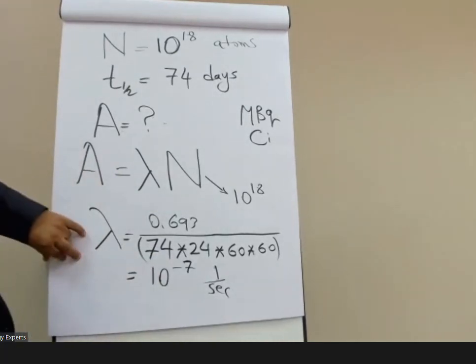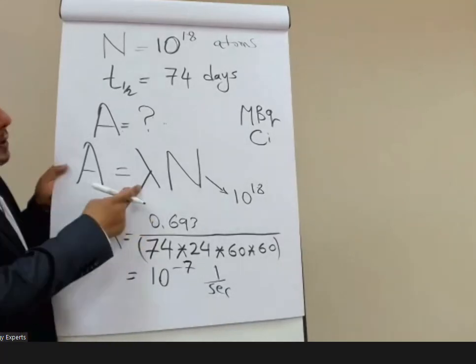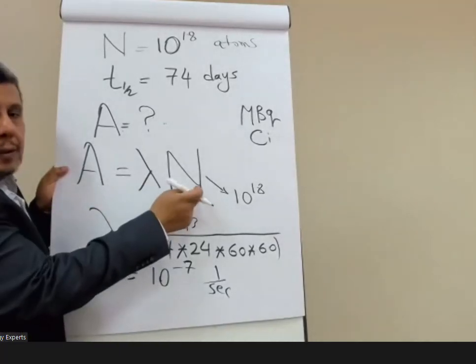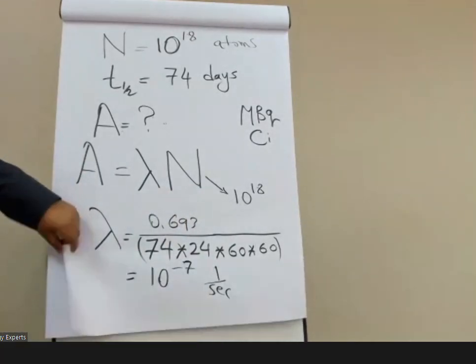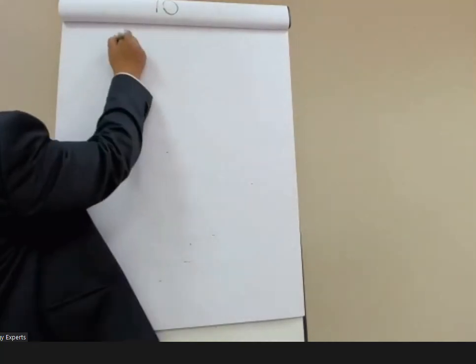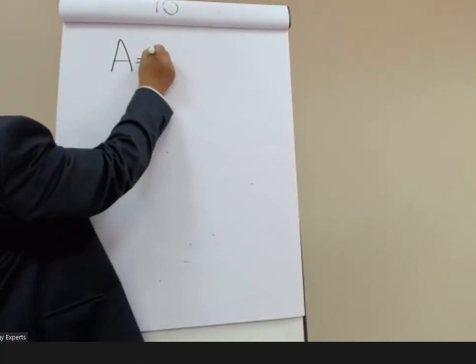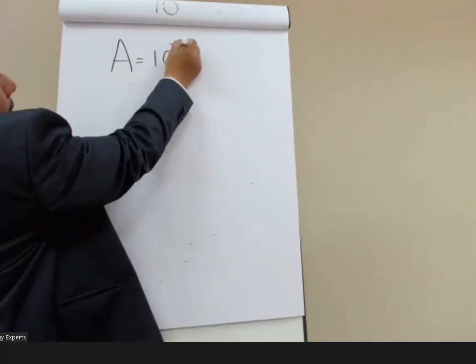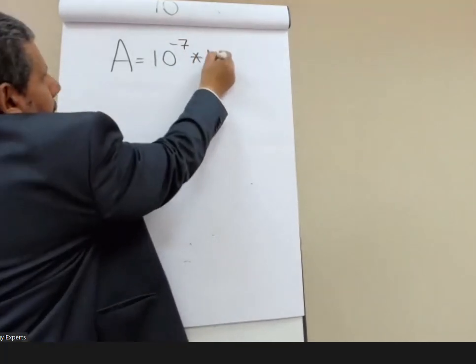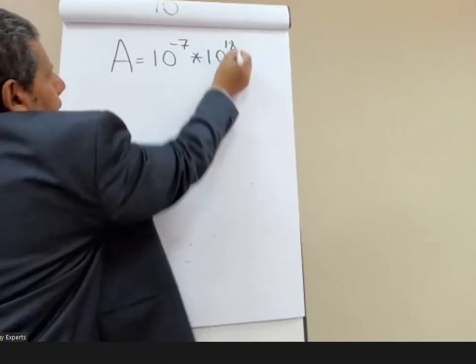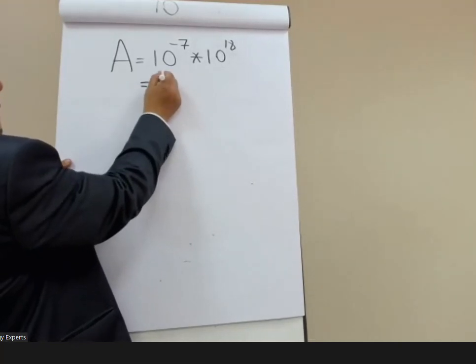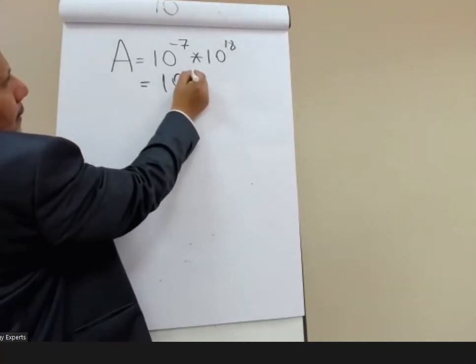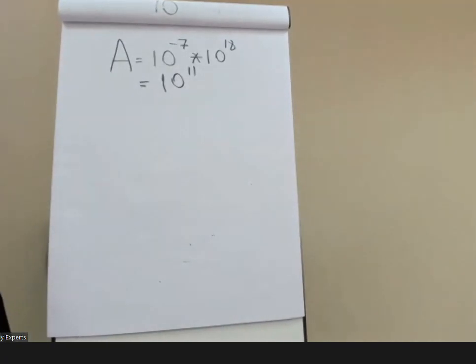Okay. Now, I have the decay constant and the number of atoms, so activity: 10 to the minus 7 multiplied by 10 to the power 18 equals 10 to the power 11.